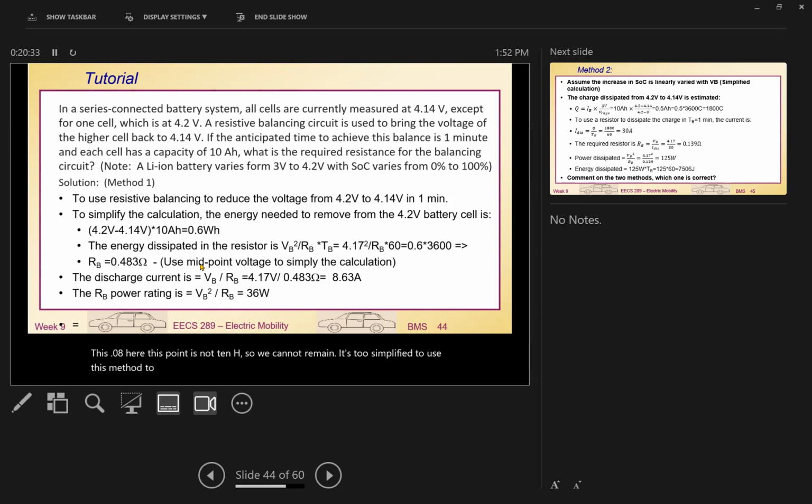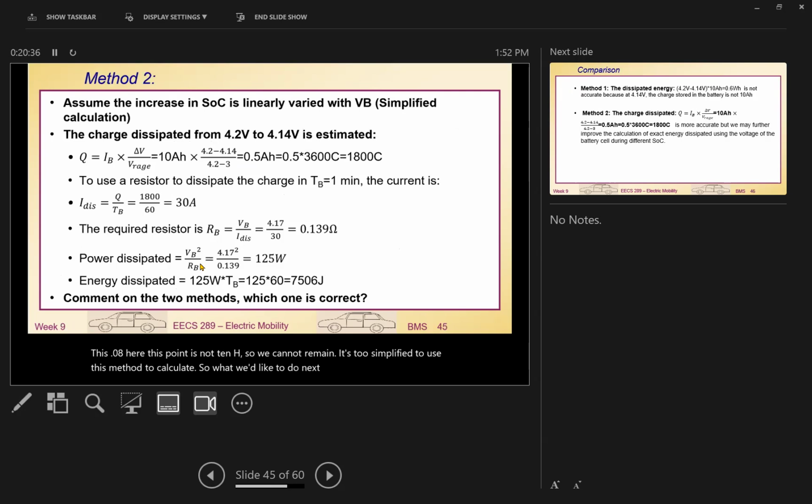So what we would like to do next is use the second method, now just thinking about the charge, right? The 4.2 reduced to 4.14. I just use a ratio. 10 ampere-hours is the total, where the 100% operating range is from 3 volt up to 4.2, and our voltage change is now from 4.14 up to 4.2.